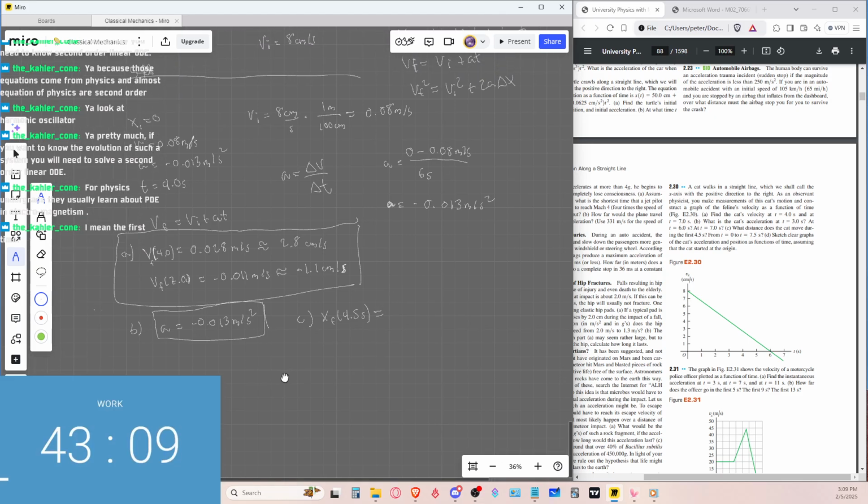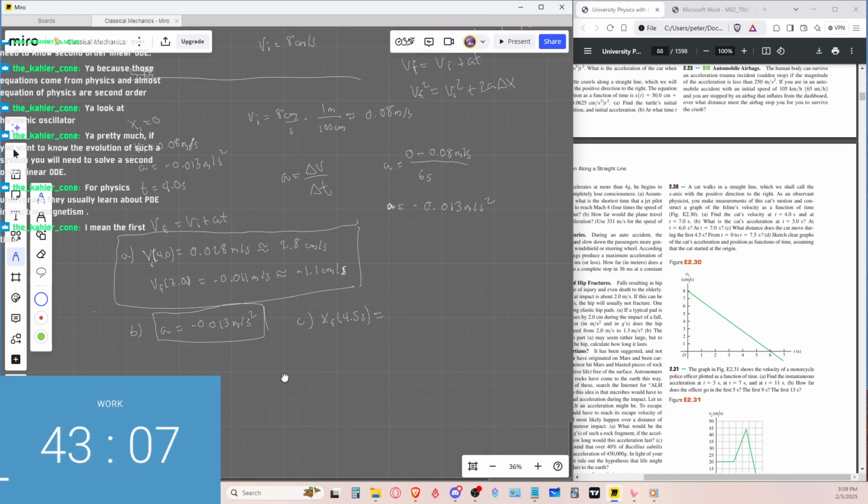Now we have to put the numbers in. We already know the initial velocity, which is 4.5, plus one half times the acceleration, which is negative 0.013, times 4.5 seconds squared.